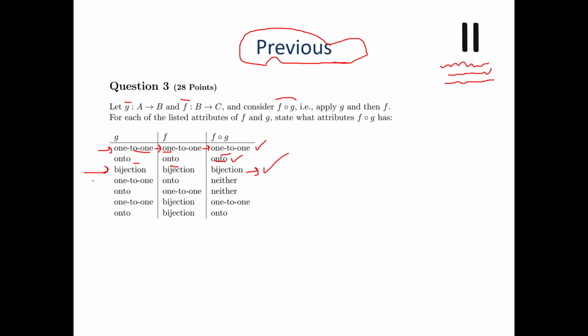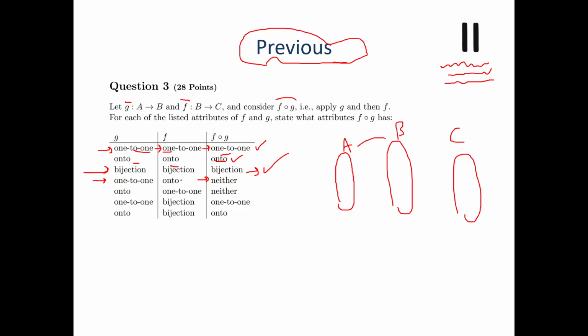Part 4. If G is 1-to-1 and F is onto, you can't really say anything about F round G. It could have the qualities or not. Why? Well, let's draw our sets. We have A, B, and C. A to B is G, B to C is F. So what are they saying?